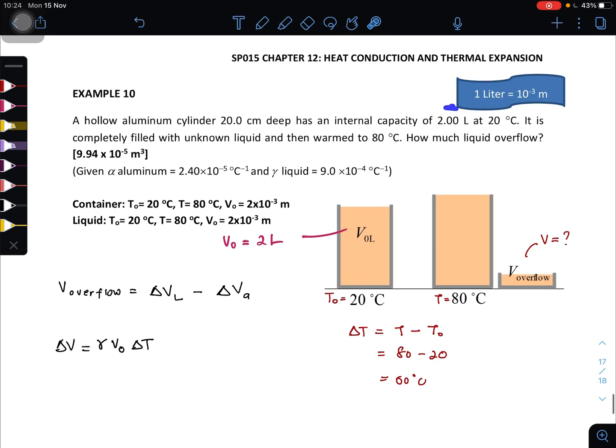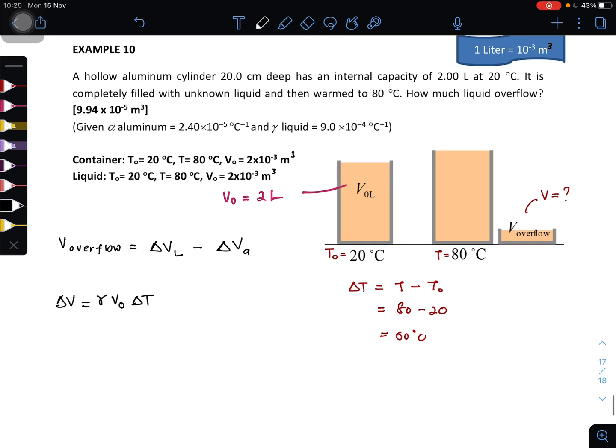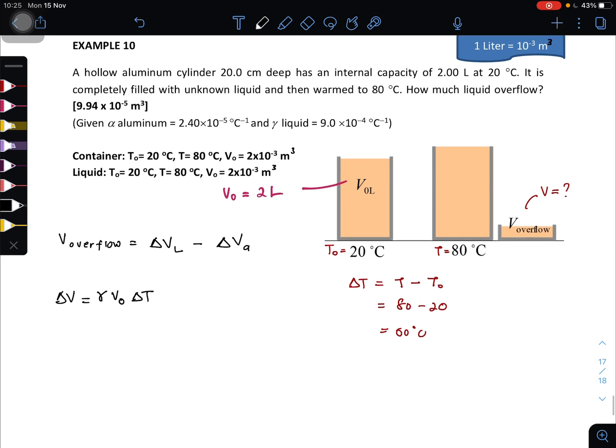So you need to remember this one conversion. 1 liter adalah sama dengan exponent negative 3 meter cubic. Sorry, this one should be meter cubic. So dekat sini sudah di convertkan. So you just masukkan this one lah. Okay, so masukkanlah here.